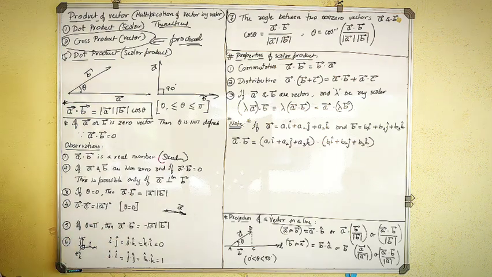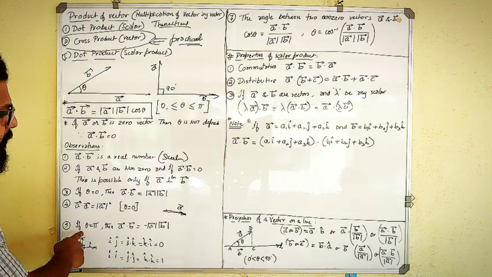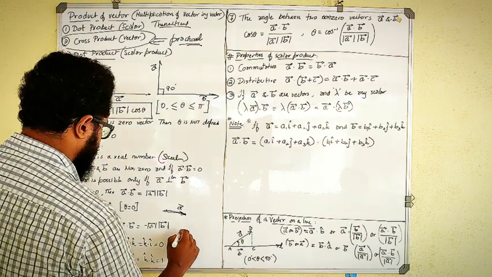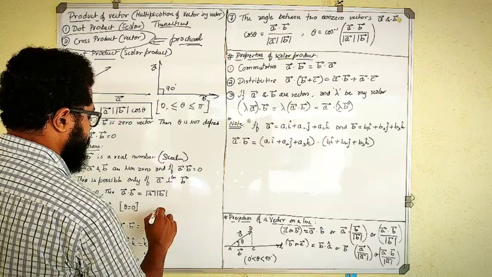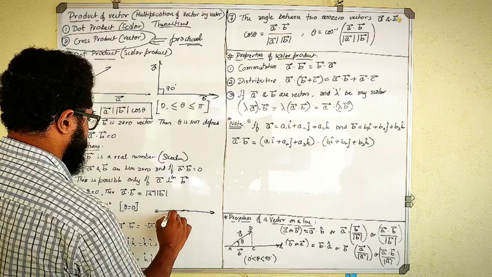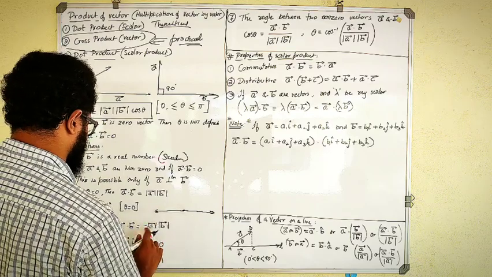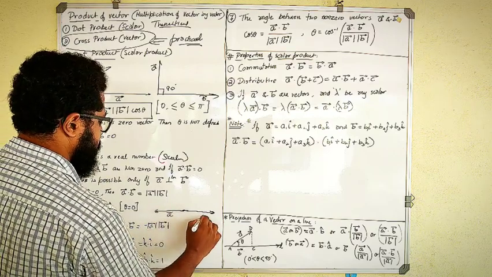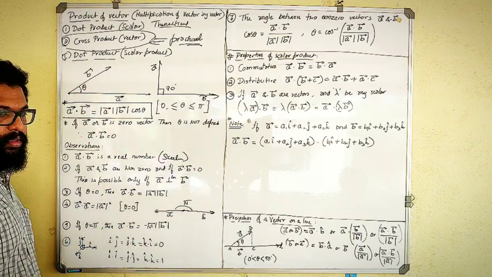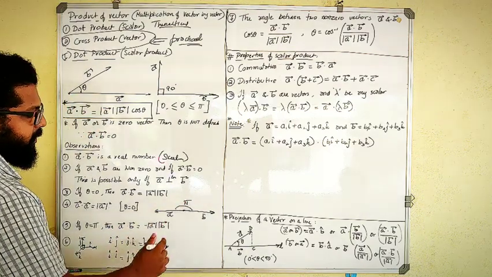Fifth observation: what if theta is 180 or pi? It is just opened up wide like that, correct? Let me draw it here. This is A, this is B, and this is pi, correct? So cos pi, how much is cos pi?